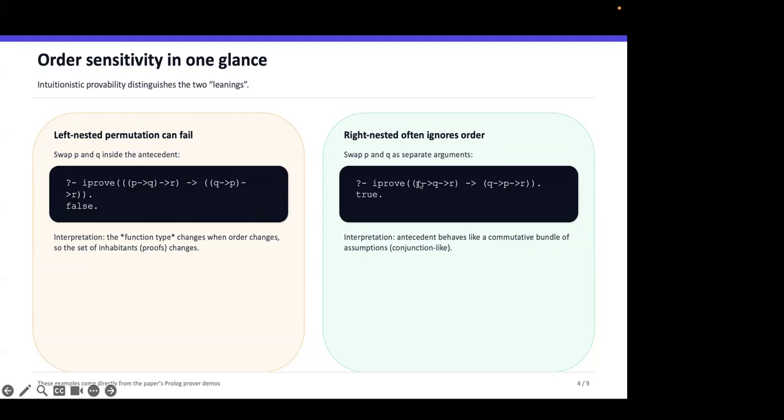On the other hand, here you can commute them for free because that part is basically a conjunction, and then P implies Q and Q implies P both become Q and P implies R, and P and Q imply R. So what we have here is a function type that changes when order changes. And here the antecedent behaves like a commutative bundle of assumptions, conjunction-like.